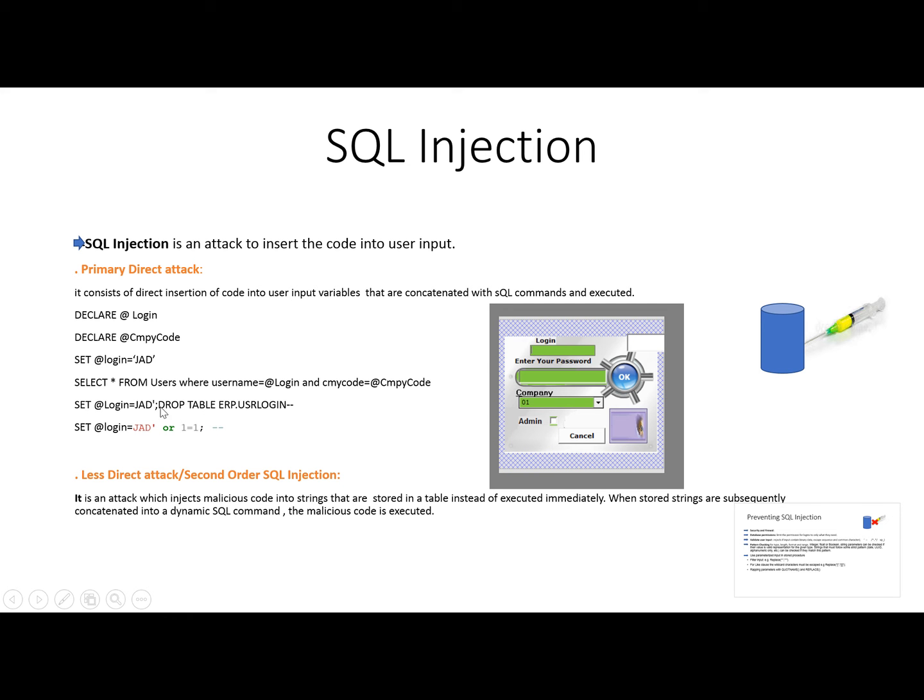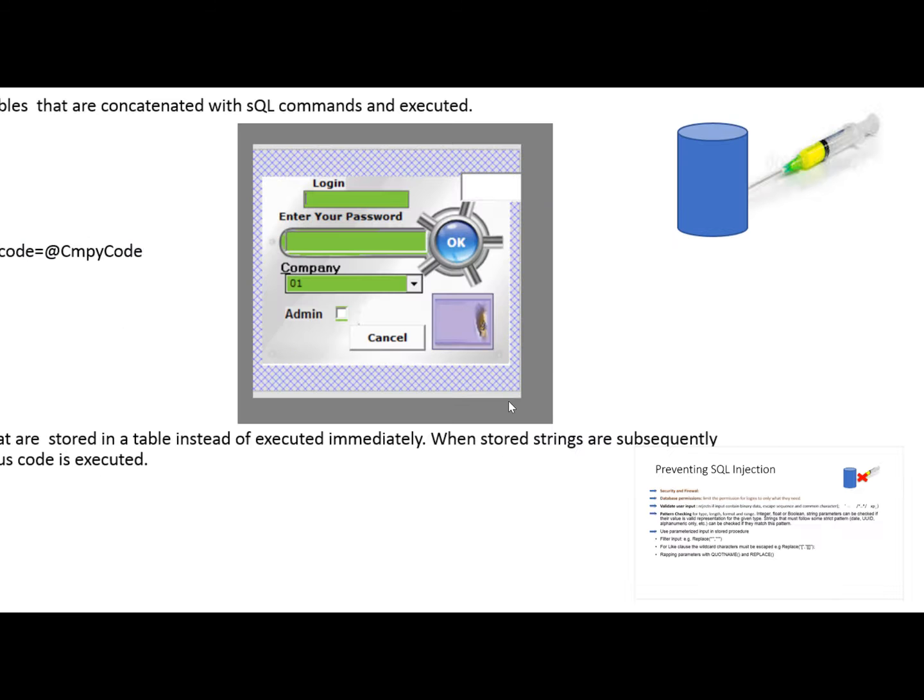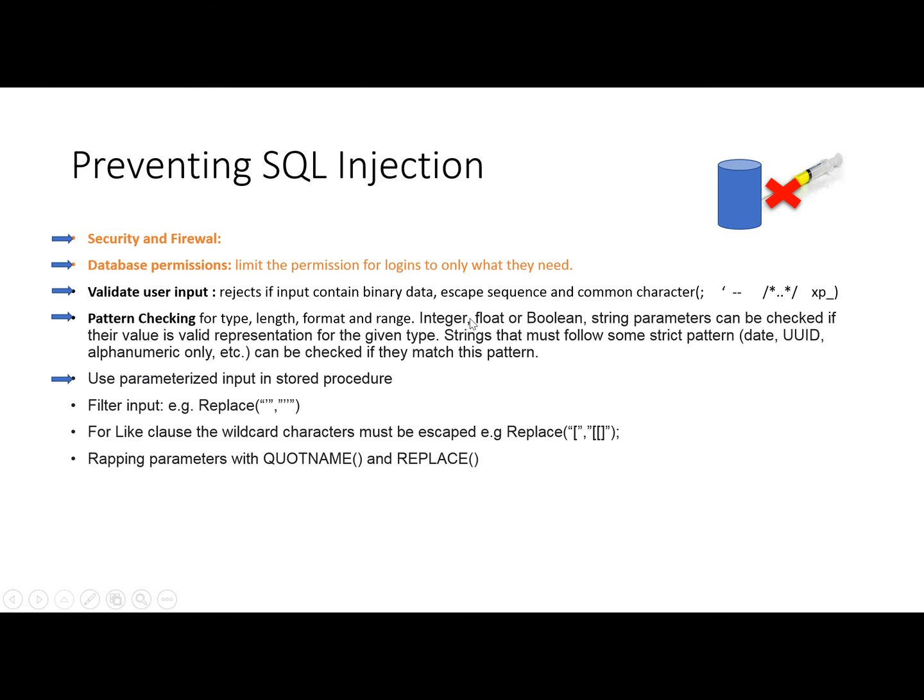So statements like drop table, delete data, or truncate table, and such kinds of rights should not be with the users. So we have to limit these kinds of rights. We have to review all the permissions for the logins, and then limit the login permissions.